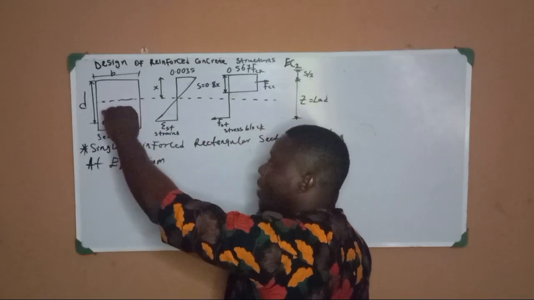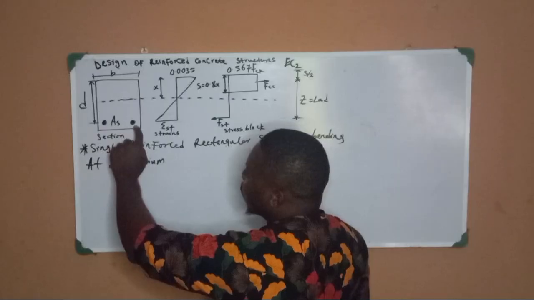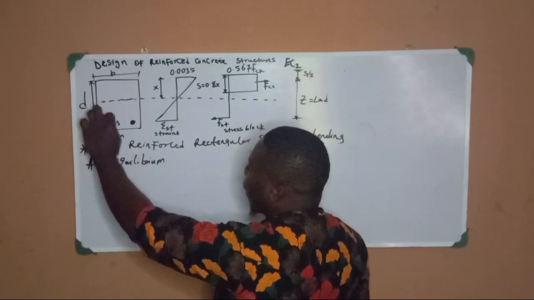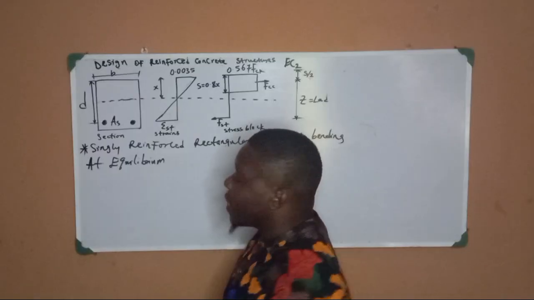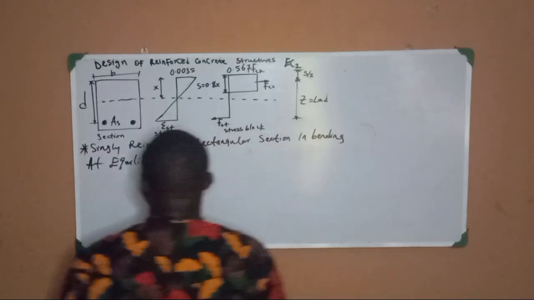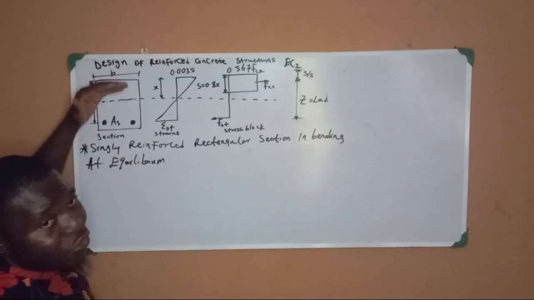Below it is our tension zone. You can see the notation indicating the reinforcement provided, telling you that we have reinforcement only at the tension zone. At the upper side is the compression zone.